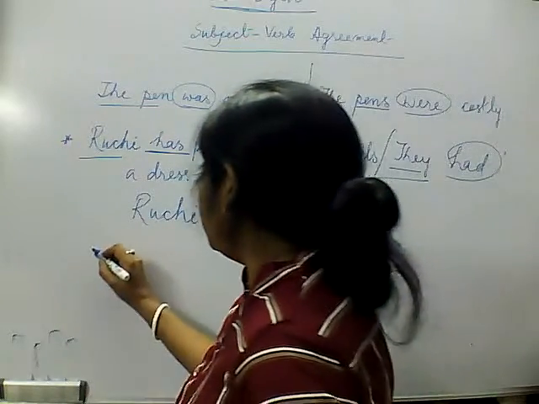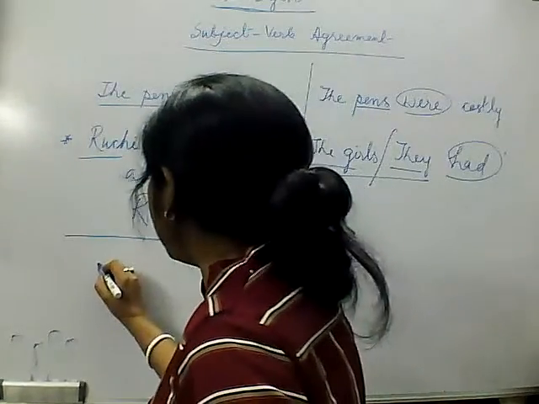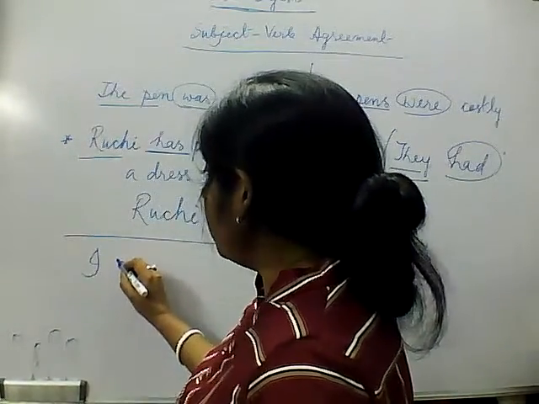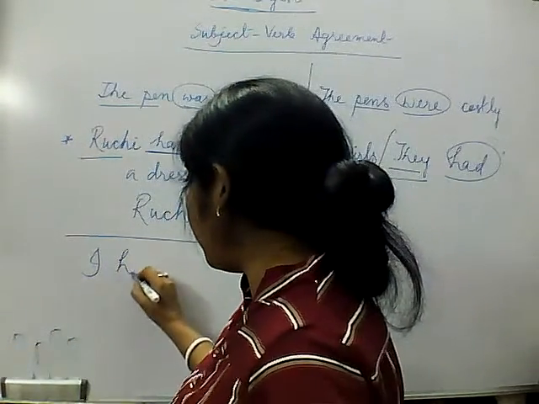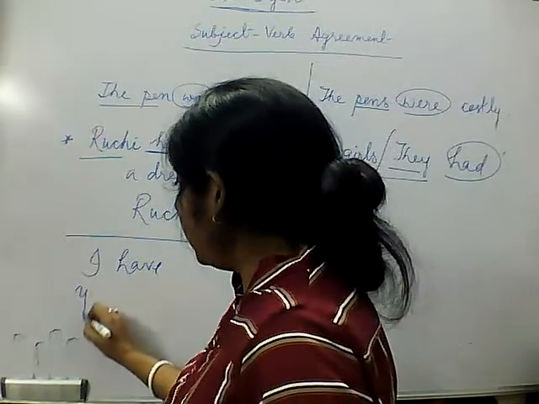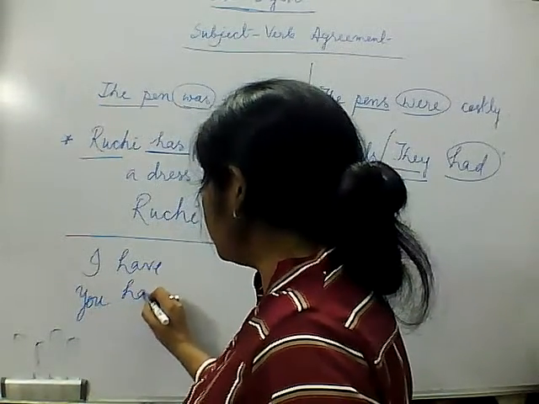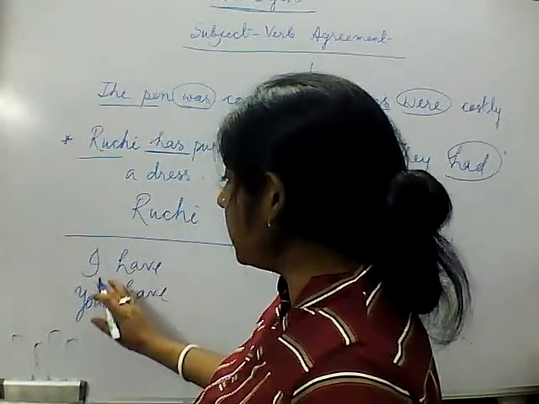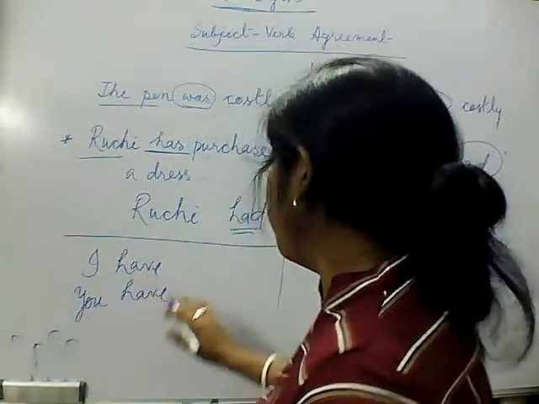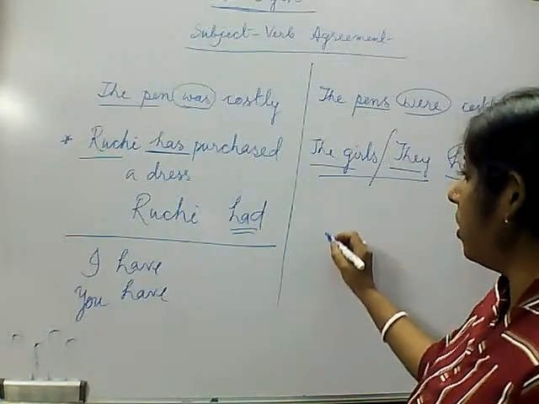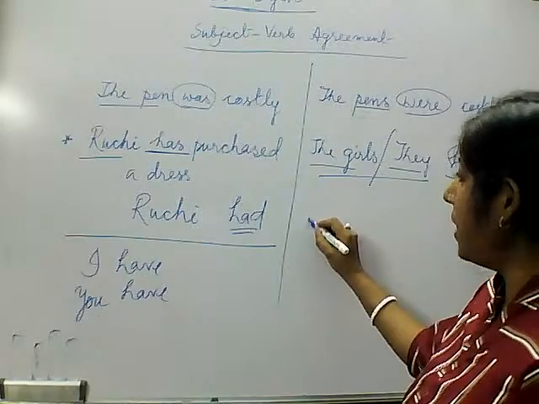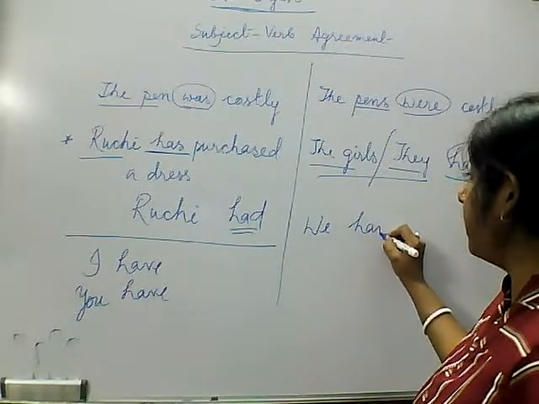But with you, this is third person, and if I use I, with I in present tense, have. If I write you in present tense also, have. Singular, present tense, have. And in plural number, we have.